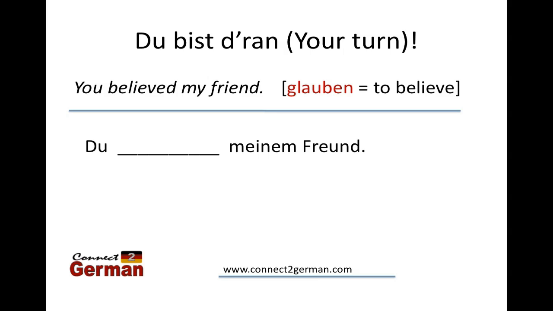Okay, so make sure it agrees with du, but make sure that glauben is in the simple past tense. And there it is. Du glaubtest meinem Freund. That T at the end of glaub to signal the past, and our typical ST. In this case, we threw an extra E there right in the middle between the T and the S, just to give it a little bit more space so it's not a TSS right next to it.